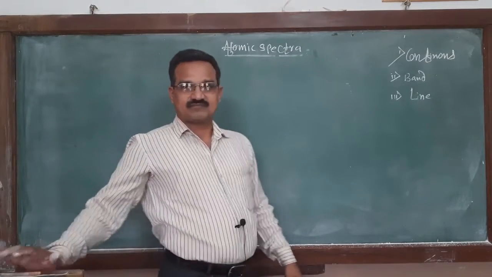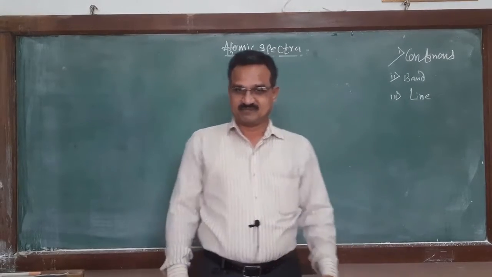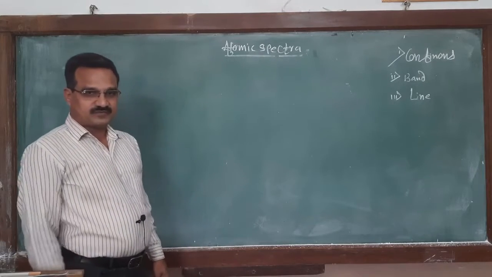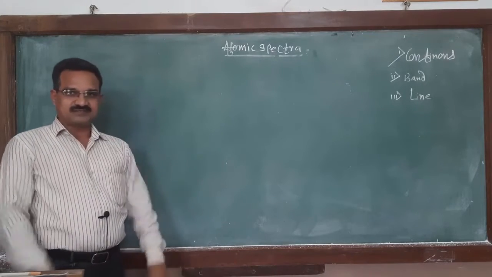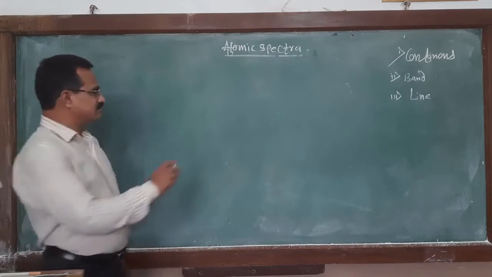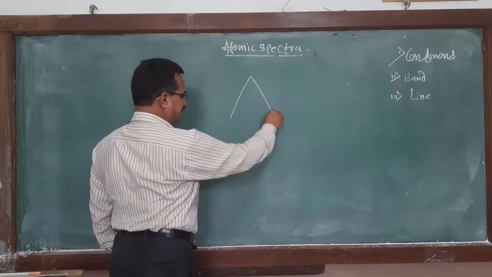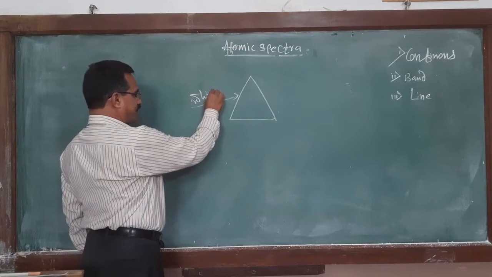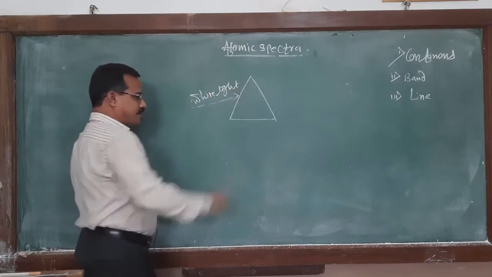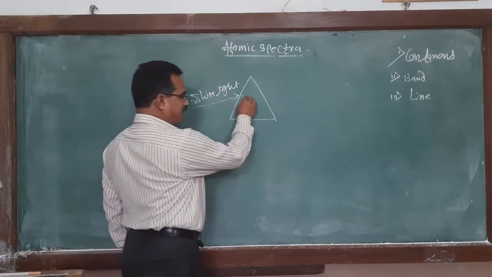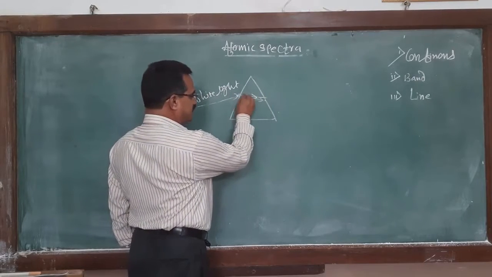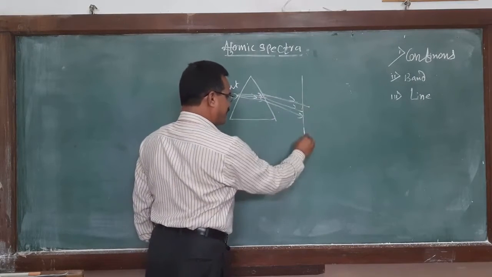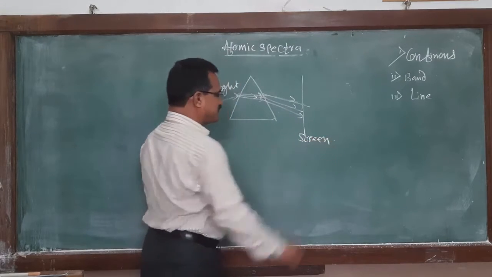First one, continuous spectrum. For continuous spectrum, when we consider a light from the sun, that is a white light, and when this white light is passed through the prism, we get a spectrum on the screen.